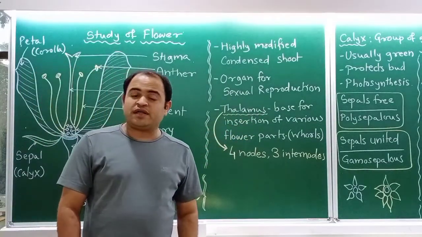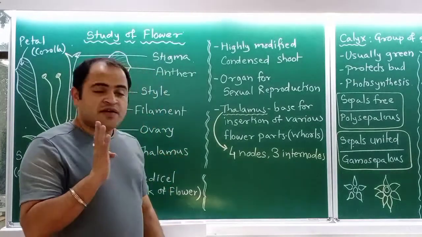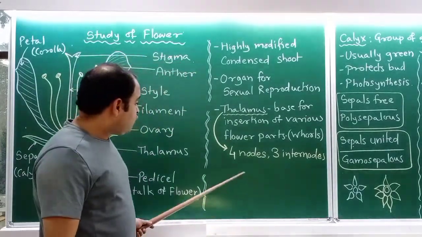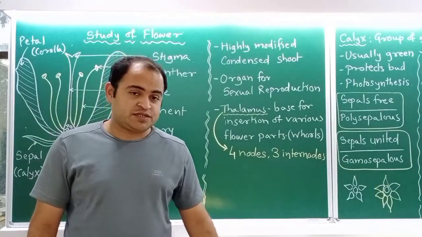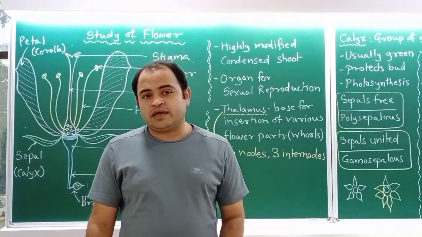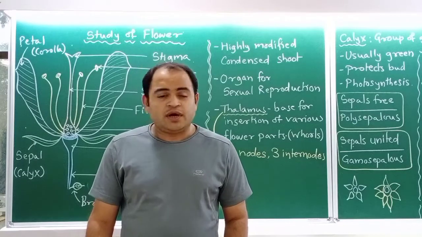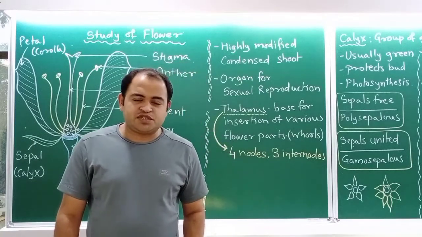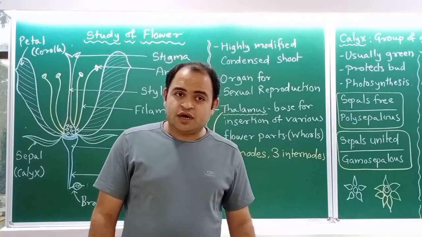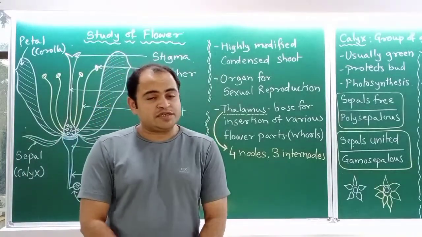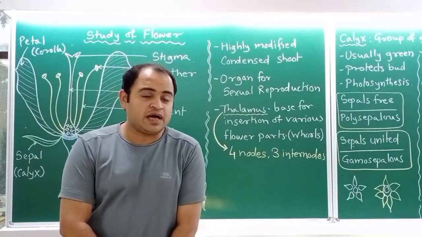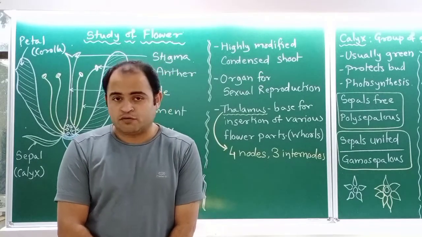And always remember, there are 4 nodes and 3 internodes present in the thalamus. In final exams, this question is often asked: how many nodes and internodes are present in the thalamus? So you should cleverly answer the question.